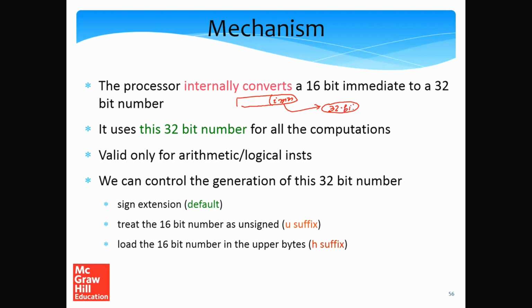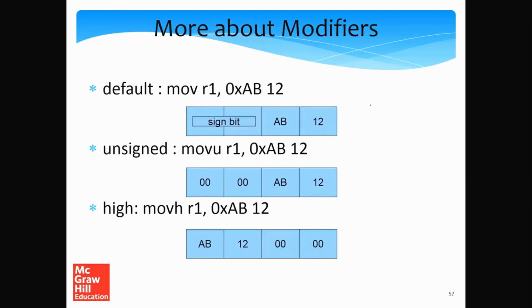And this 32-bit immediate is used in the computations. So for all arithmetic logical computations, this 32-bit immediate would be used. So we can control the generation of this 32-bit number internally. The default is sign extension, but we can treat the 16-bit number as unsigned with a U suffix or load it in the upper 2 bytes, the most significant 2 bytes, with the H suffix.